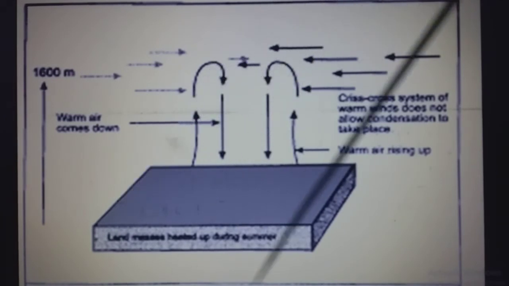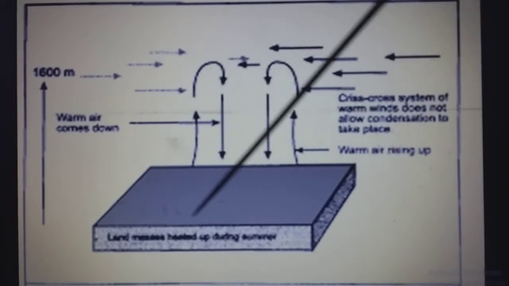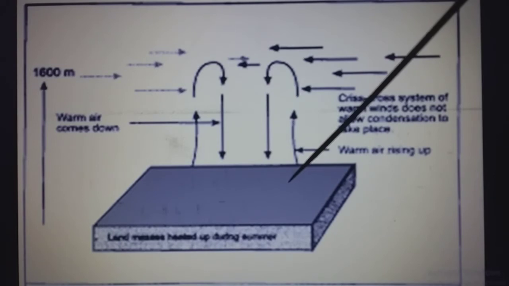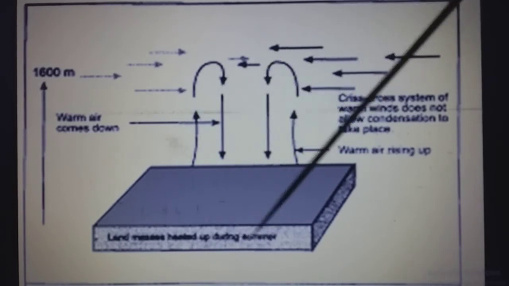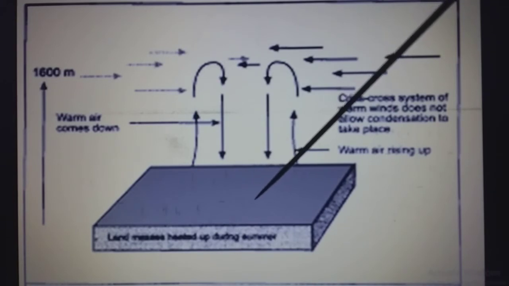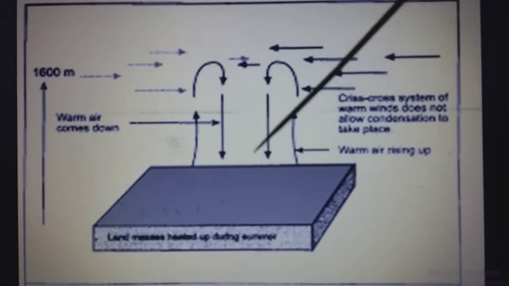Now moving on to this diagram, this is about the temperature inversion layer. In the southern parts of Pakistan, why is this system not active? Because the land is obviously getting heated up, and the hot air is also rising up, but it's not being allowed to condense and form clouds. Why is it not being allowed to condense and form clouds here?